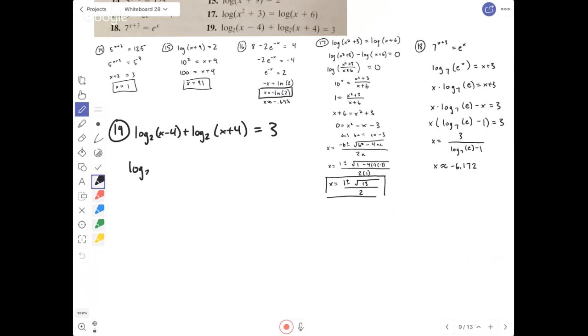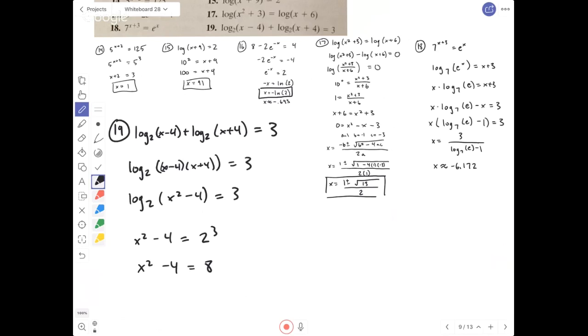So log base 2 of x minus 4 times x plus 4 equals 3, which is log base 2 of x squared minus 4, and that equals 3. And that means that x squared minus 4 must equal 2 to the third. So x squared minus 4 equals 8, and x squared therefore equals 12.